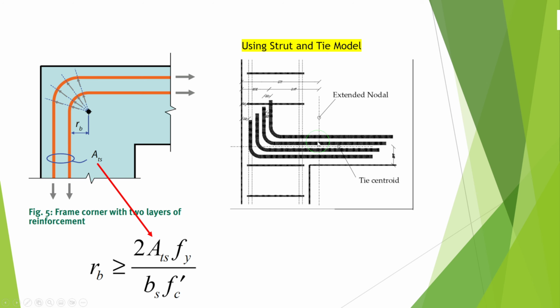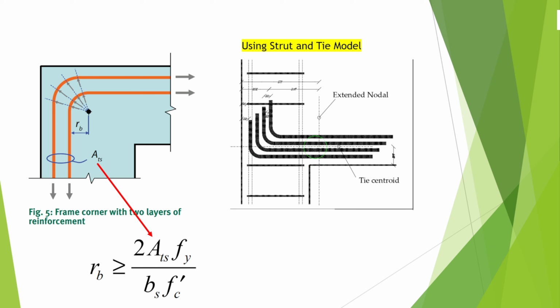The same concept here. When you have multiple layers of reinforcement, assume this is column and this is beam, for example. This is the bottom reinforcement, and you would like to satisfy the standard hook. This is, by the way, calculated by strut and tie model. That's why the critical section is from here, not at the face. By the way, this is a long story. We will not discuss this now. But what I would like to say here, the first layer maybe will satisfy the anchorage requirement.